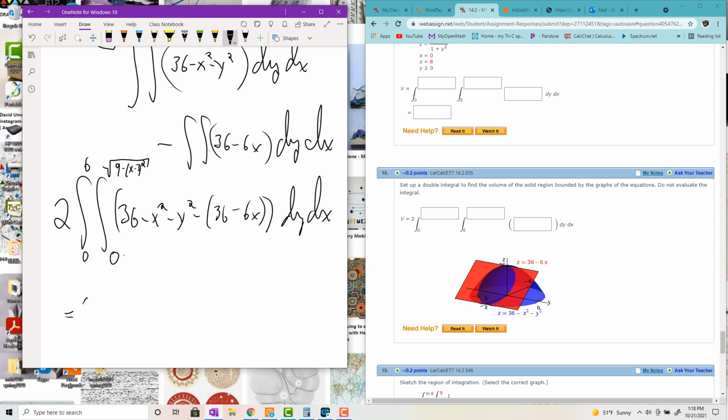So this will be 2 times the double integral, 0 to the square root of 9 minus (x minus 3) squared, and then 0 to 6. Simplifying a bit, the 36's are gone, so you get 6x minus x squared minus y squared dy dx.